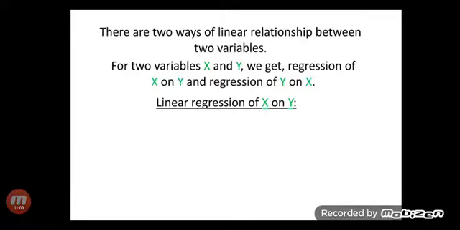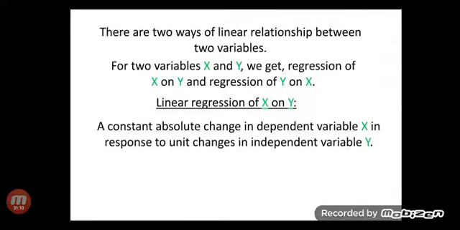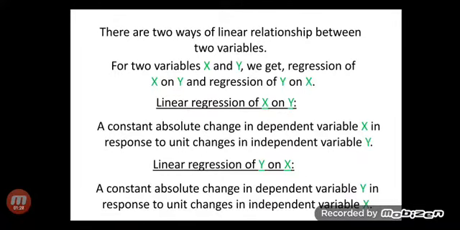Linear regression of x on y is a constant absolute change in the dependent variable x in response to a unit change in the independent variable y. Similarly, linear regression of y on x implies a constant absolute change in the dependent variable y in response to a unit change in the independent variable x.